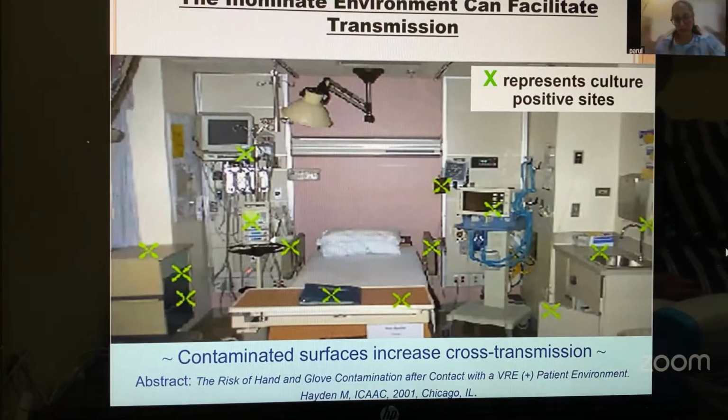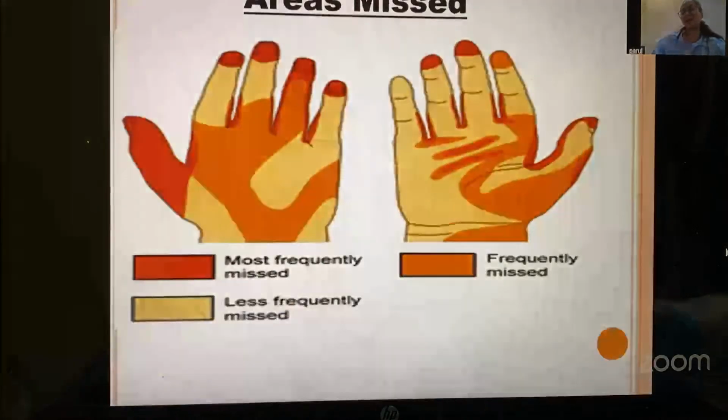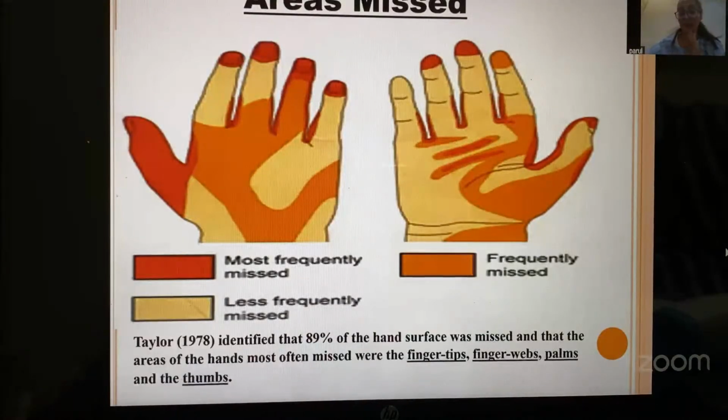When you enter an ICU, this is a scene from a Chicago hospital which shows all the contaminated surfaces in a place which was leaked. And even after that, there were so many patient contact places where a VRE positive environment was found. And that is why it is very important to take care of our hand hygiene.